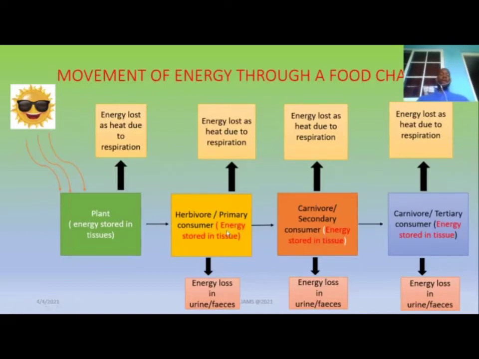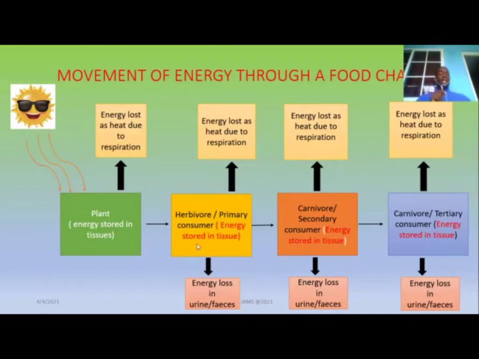The secondary consumer, when they consume a primary consumer, is going to go through the same process. They're going to lose energy through respiration because they have to walk up and down, burn energy, and lose a lot through heat. And when they eat the primary consumer, they're going to lose some of the energy from that food through feces and urine.